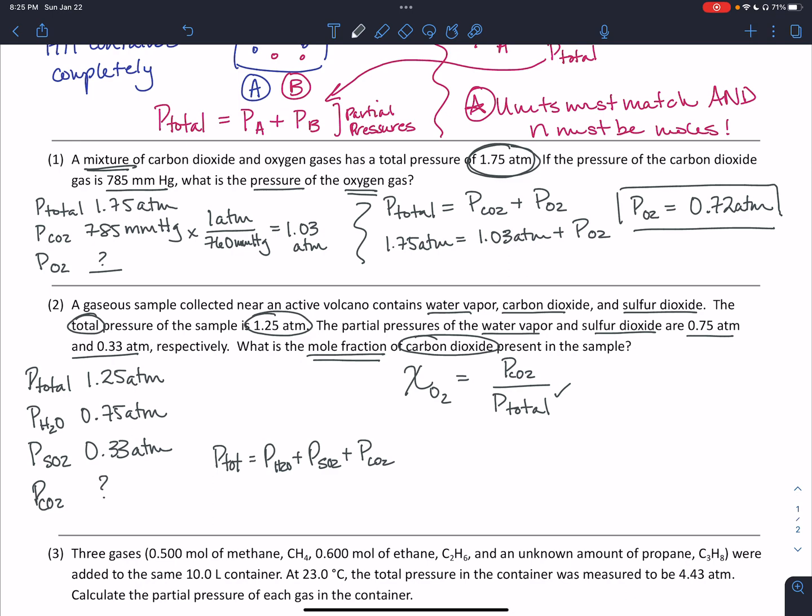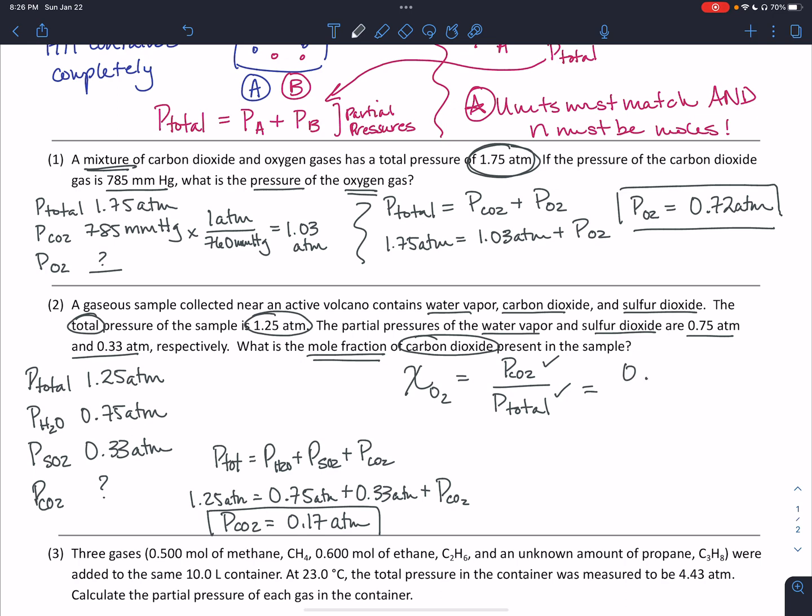All right, so I plug in my values. 1.25 atmospheres equals 0.75 atmospheres plus 0.33 atmospheres plus the partial pressure of CO2. All right, so if I add the partial pressures of water and sulfur dioxide and then subtract, I'm going to find that the partial pressure of CO2 is equal to 0.17 atmospheres.